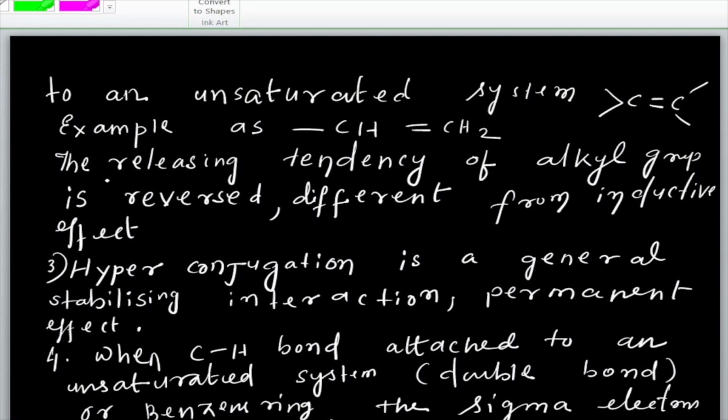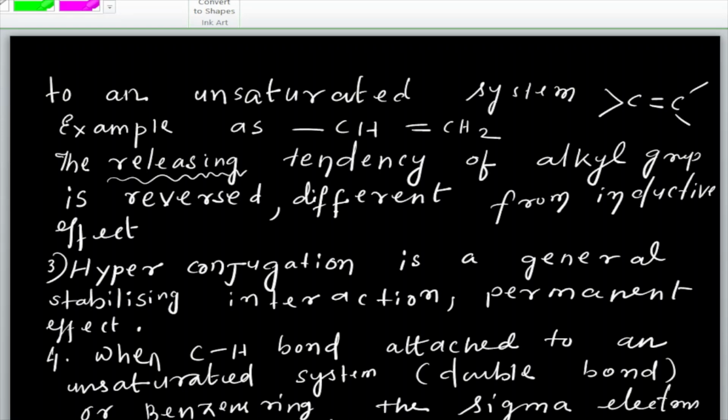See, before the unsaturated system, what is the releasing tendency? If more alkyl groups, more tendency. But if an unsaturated system is attached, it is reversed. That means the releasing tendency is reversed, the opposite, and different from the inductive effect. So you can see that here it is totally different from the inductive effect.